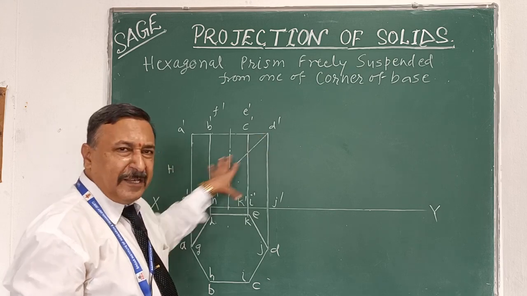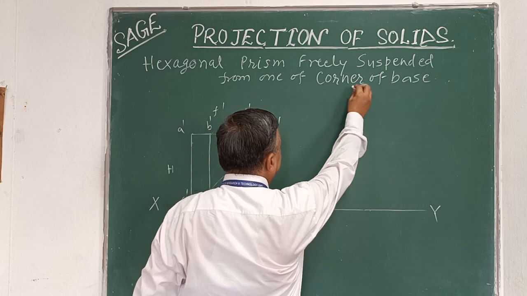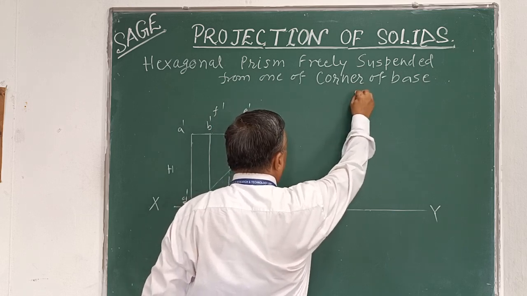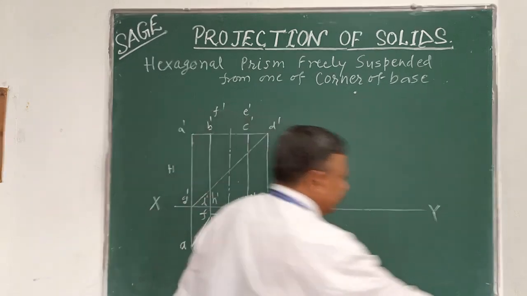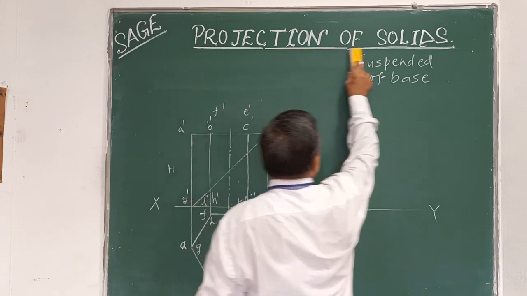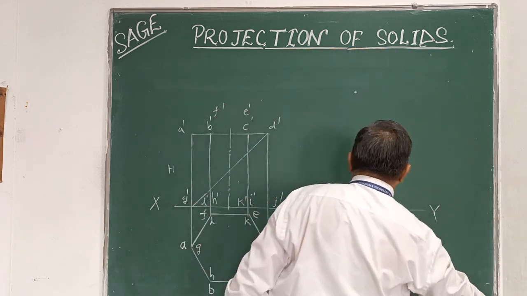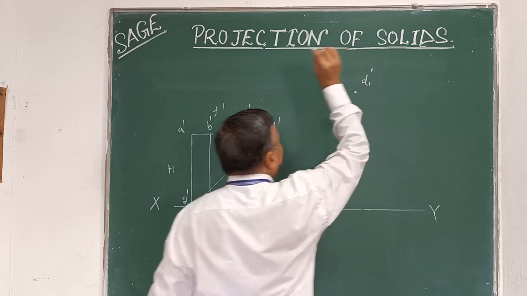So in this way, I am going to complete this question. First of all, we take this corner, that is D1 dash.